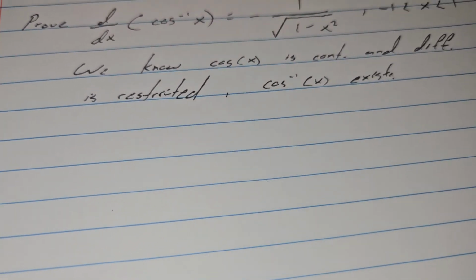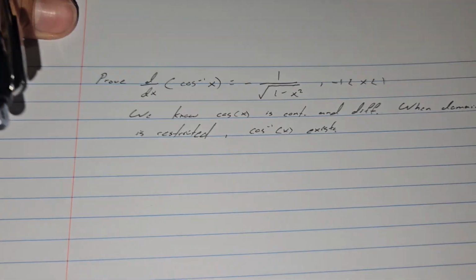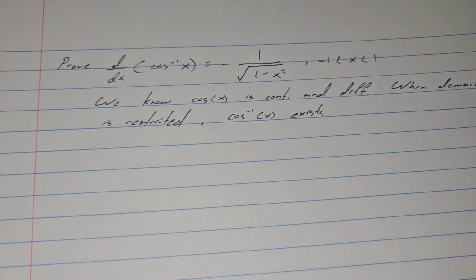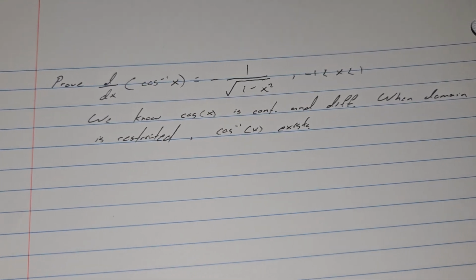I'm not going to write this down, but this one, cosine inverse, is also continuous and differentiable within its restricted domain. So, knowing that, let's go ahead and do this little proof now.